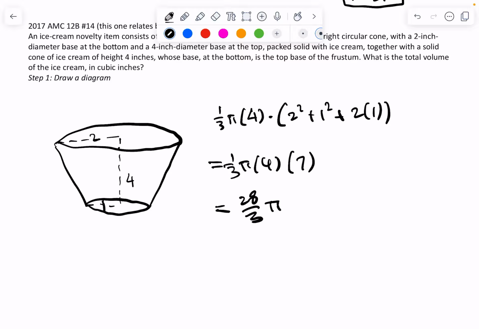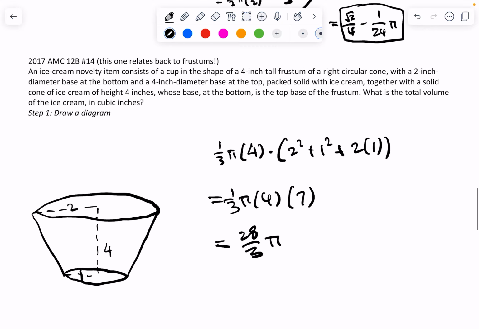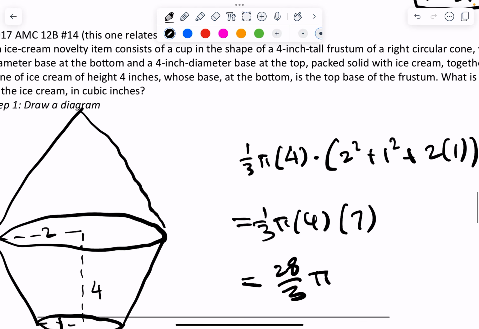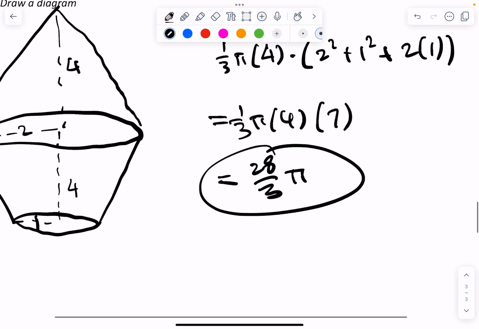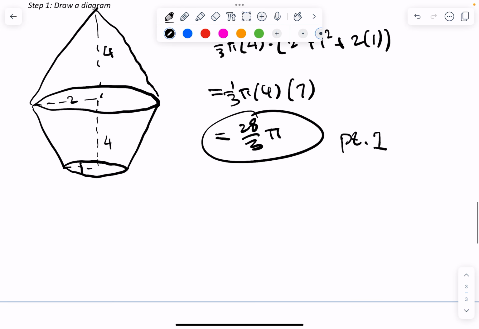Oh, my bad. We still have to add, right, this is not the full thing. We still have to add a cone on the top. Shrink, solve, and scale. And this has height 4 inches. So this is only part 1. And part 2 would be this cone.